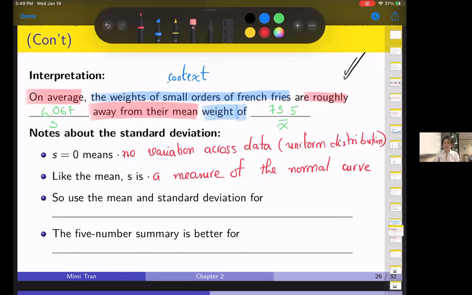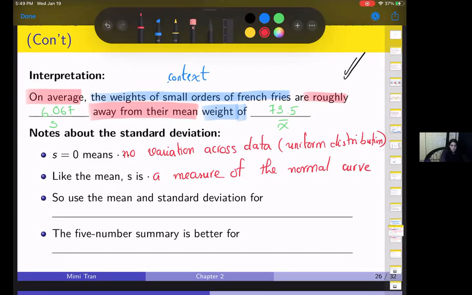I've been saying this many times. Mean and median measure the average value in a data set? The median is not the average.